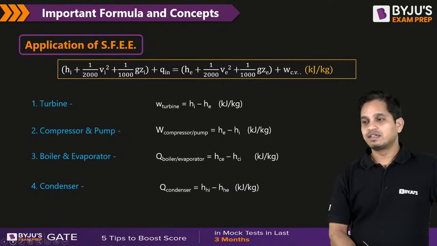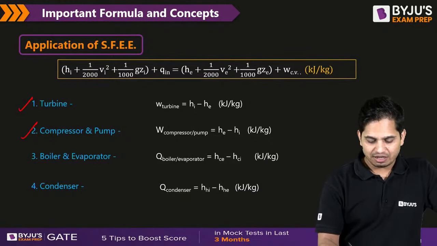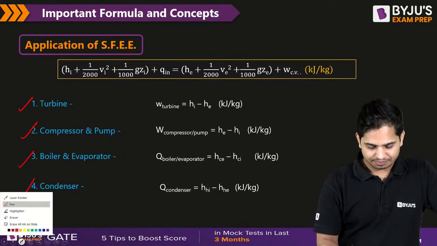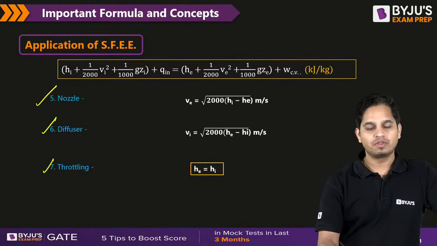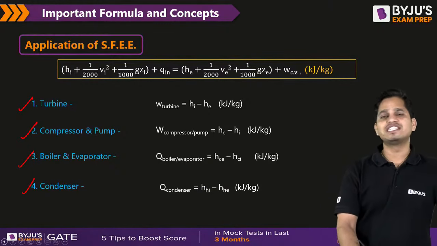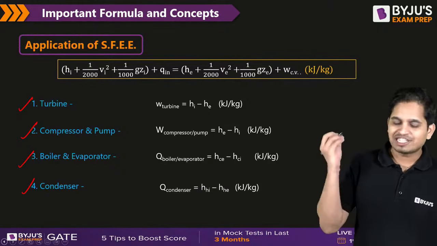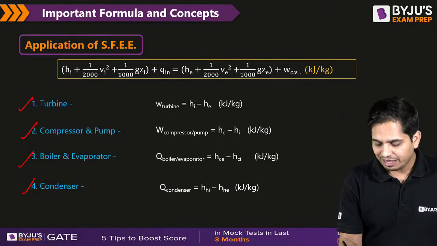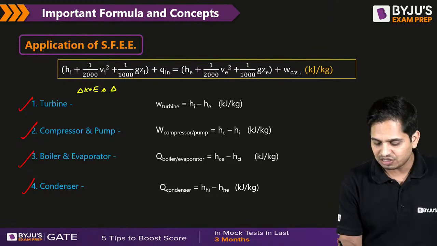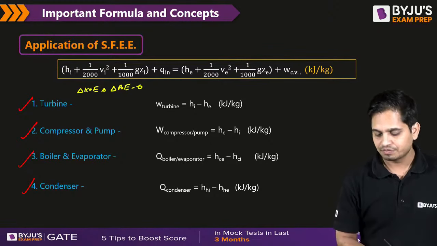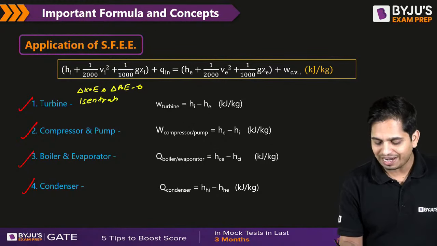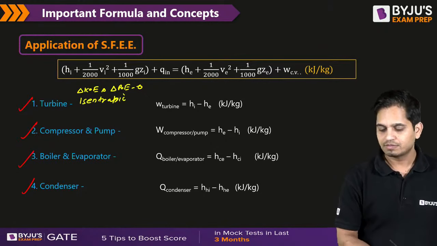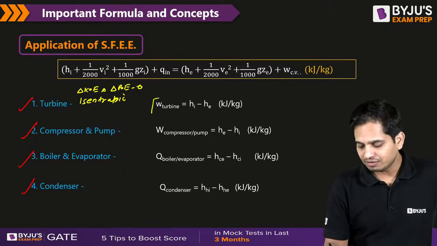What are the applications? Turbine, compressor, boiler, condenser, nozzle, diffuser, throttling. Based on all the devices, for example, in a turbine, if I neglect the change in kinetic energy and potential energy, and I say isentropic means no heat transfer, reversible adiabatic, then I will get this equation.